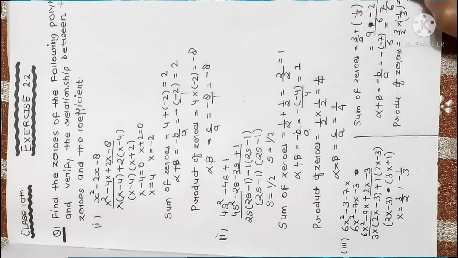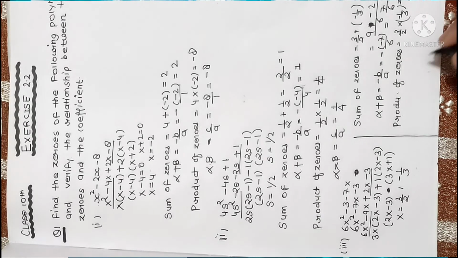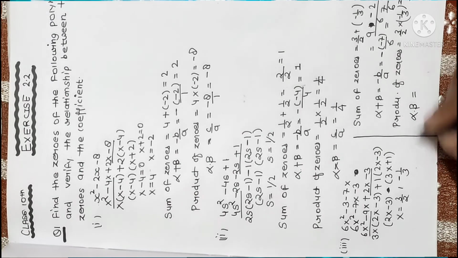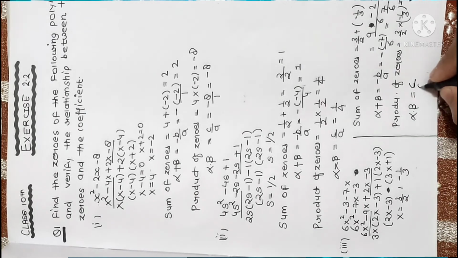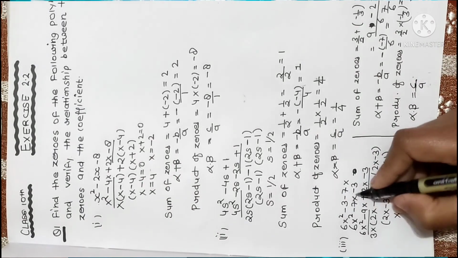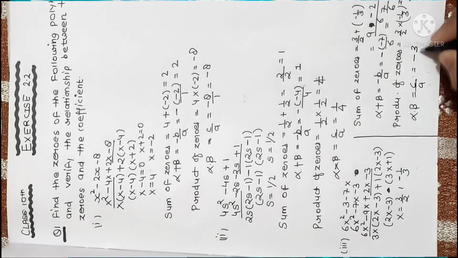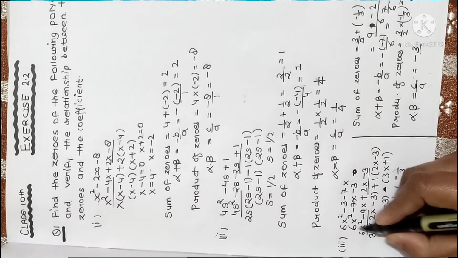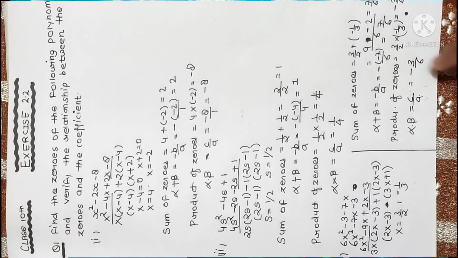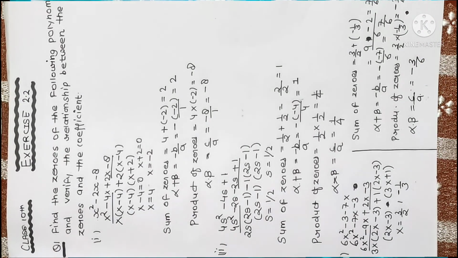Next, alpha beta, the product of these two, from the equation it will be c upon a. C here is minus 3 and a is 6. So again both of these are equal. So it is verified for the third part also.